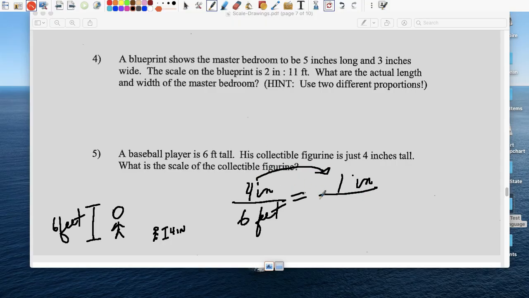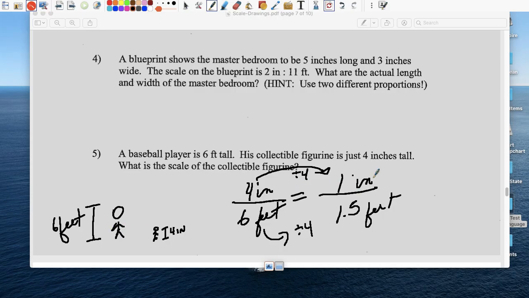You can cross multiply, but we can just figure out that 4 divided by 4 gave me 1, so here I divide 6 by 4. And that's going to be 1.5. Hey, look at that, I knew the answer before.